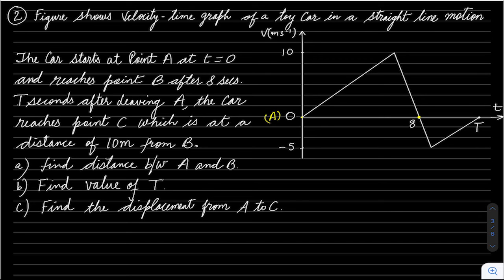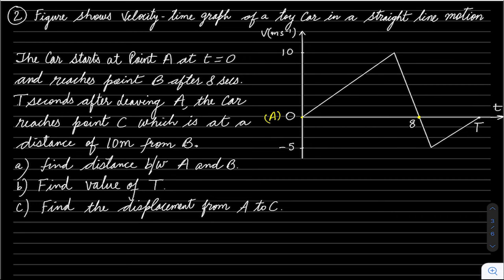Then, t seconds after leaving A, the car reaches point C. So basically at time t equal to capital T, the car is at point C. The distance between B and C is given as 10 meters.